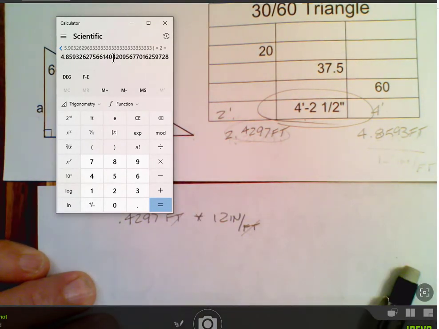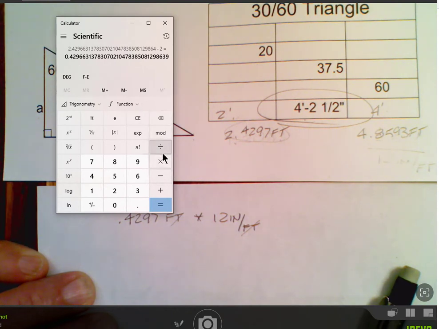So if we multiply this value, and the value I'm looking for here, I'll go back and divide that by 2 again. So this is the number that I had. I'm going to multiply that value by 12, but I don't want to multiply it times the 2. The 2 is feet. We've already removed it because it's whole feet. So I'm going to subtract the 2 from this. That leaves me with decimal feet. How many inches does it represent? First, I'm going to guess, since it's less than 0.5, that it's probably less than 6 inches.